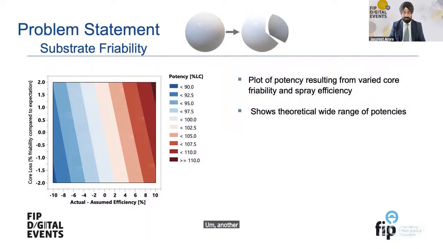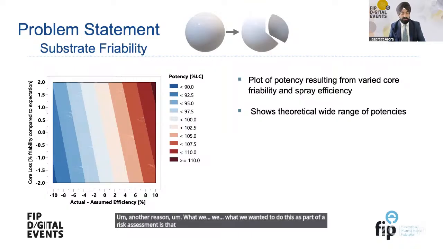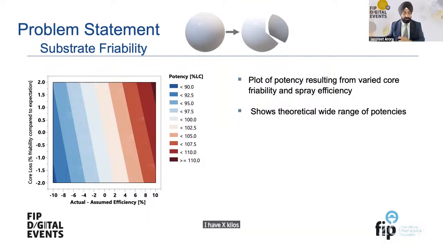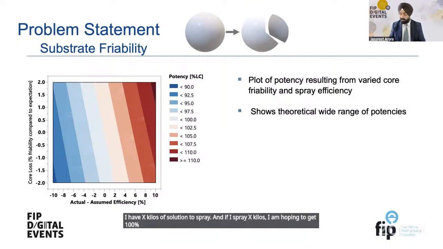Another reason we wanted to do this as part of a risk assessment is that when you are coating and you do not have a way to determine a solution endpoint, which means I have X kilos of solution to spray, and if I spray X kilos, I am hoping to get 100% label claim.